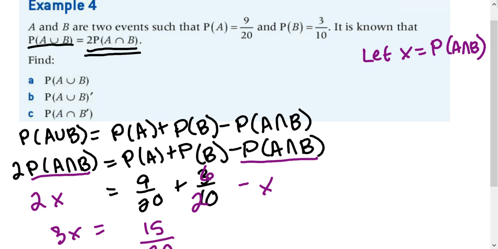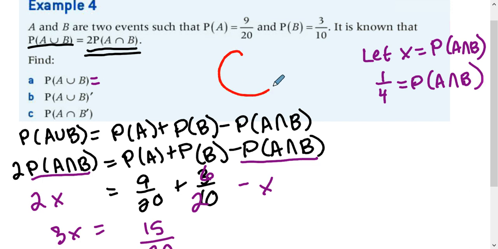We just solved for X, and that was 1/4. So therefore, 1/4 equals the probability of the intersection. That is my intersection, not my union, but that's my intersection. What that does is it helps me fill out my Venn diagram. You guys are going to do a ton of Venn diagrams.